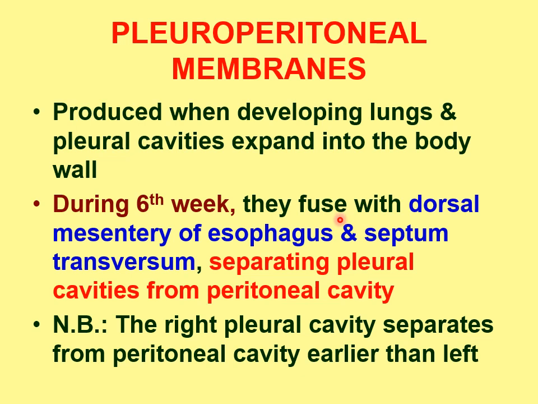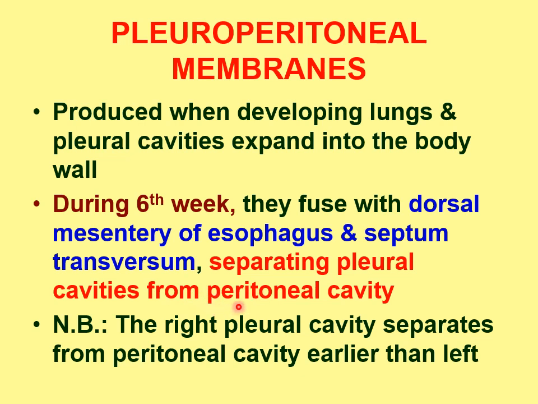the pleuroperitoneal membranes expand and fuse with the dorsal mesentery of the esophagus and the septum transversum. These are crescent-like expansions from the lateral body wall, and they fuse with the dorsal mesentery of the esophagus and the septum transversum, separating the pleural cavities from the peritoneal cavity.